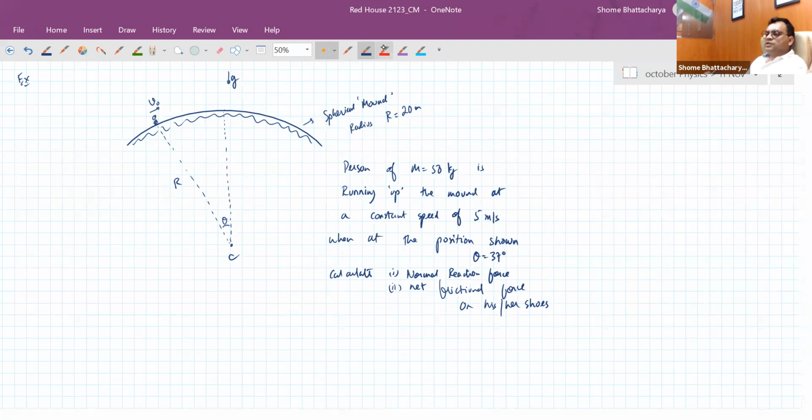So the mass of the person is given to you as 50 kgs. The radius of the spherical mound is given as 20 meters. Take acceleration due to gravity as 10 meters per second square.